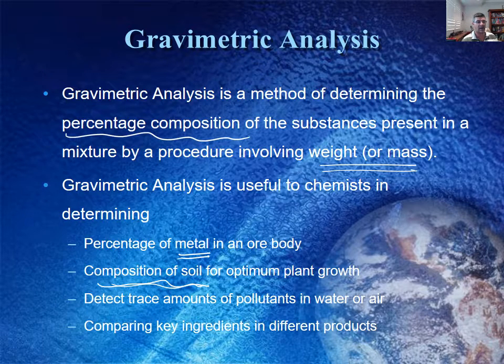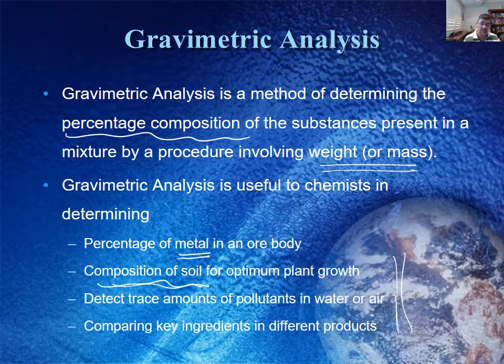And sometimes you're just looking at different ingredients. If you were comparing a name brand with the home brand or the company brand of a particular type of food, for example, you might want to check some of the key components to see whether or not they're in similar, if not the same, proportions. Each of these is based on the technique of gravimetric analysis, where we actually get a percentage or a number.